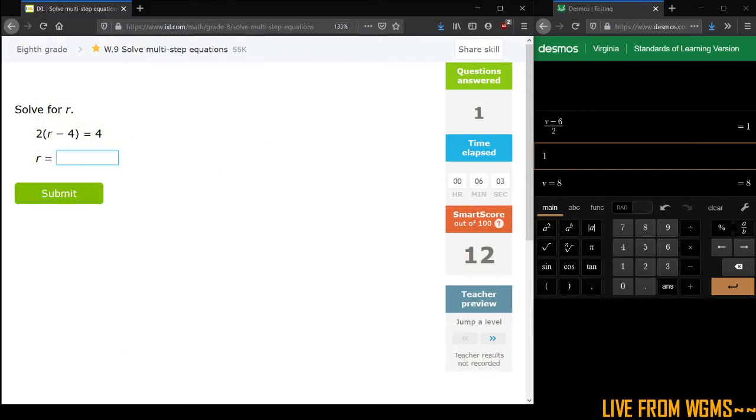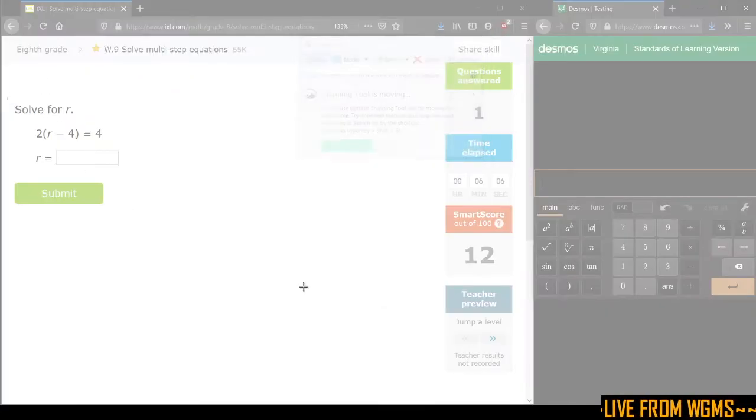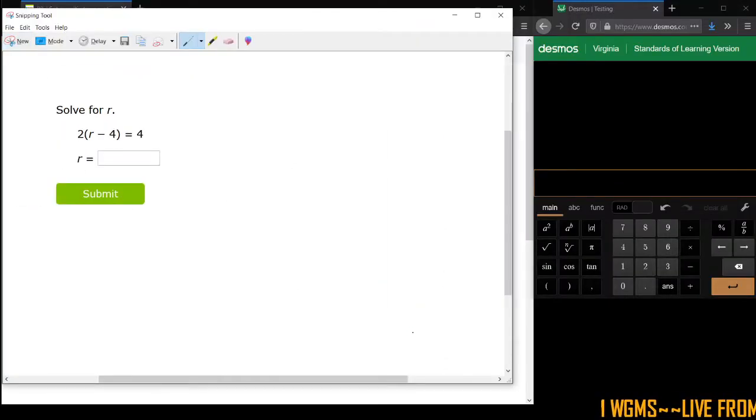So same setup, and make sure you hit that clear all button for those equations. So again, DCM, I want to make sure that I am distributing first, combining like terms, and then manipulating a variable. So again, since I can distribute, I want to do that first. I draw my box.